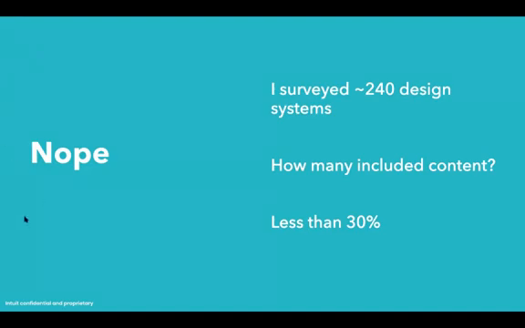Even more damning is the fact that of the 240 sites that I surveyed, only about 20% listed voice and tone as a thing at all, which is very concerning because voice and tone is actually expressed not just through the words, but through the entire experience, the typography, the colors, the interaction.